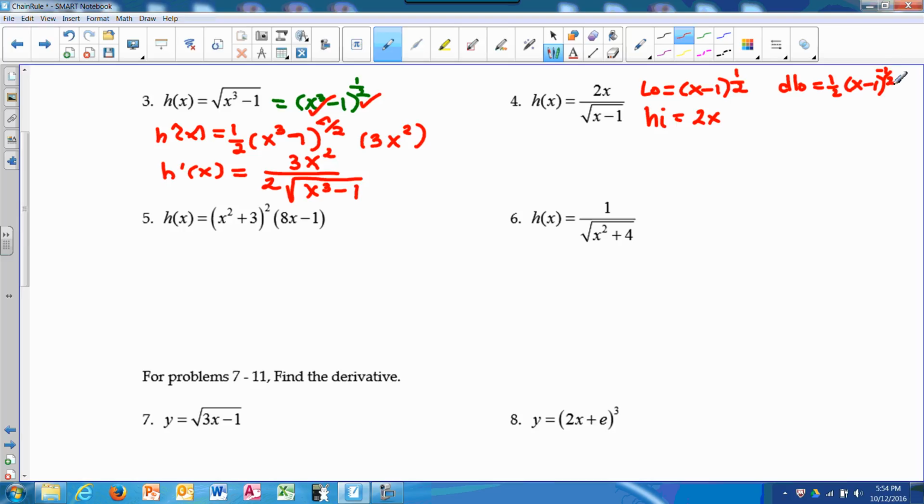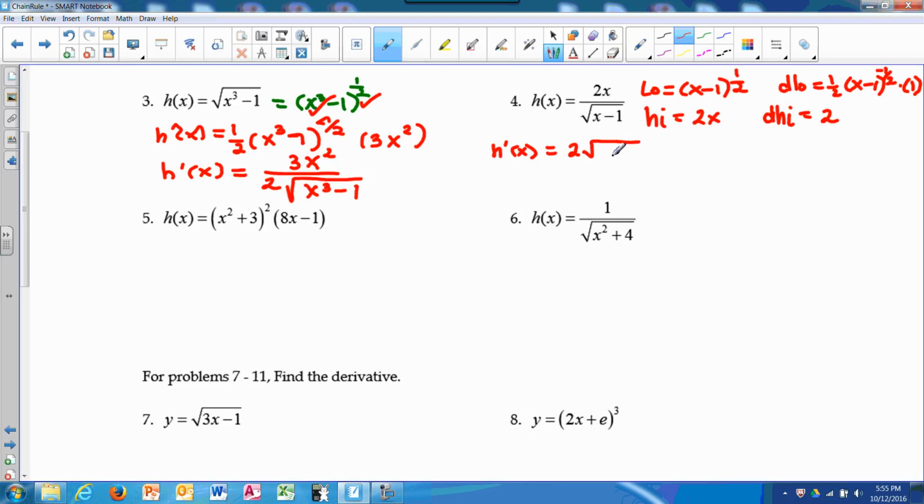The derivative of low is 1/2 quantity x minus 1 to the negative 1/2 times the derivative of the inside, which just happens to be a 1. The derivative of x minus 1 happens to be 1. The derivative of high is the derivative of 2x, so that's 2.